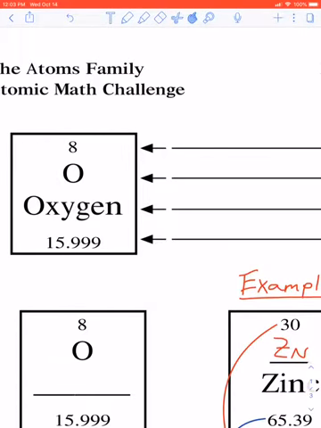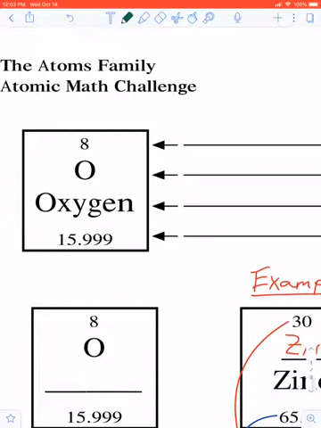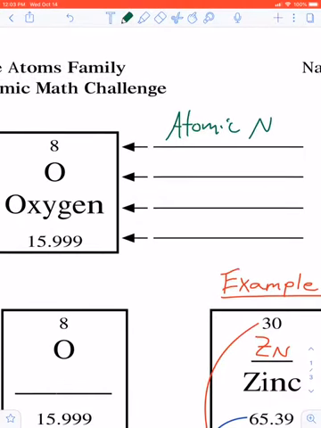Well, this top number is the atomic number. This is really just called the atomic symbol. And this is really the element or atomic name.